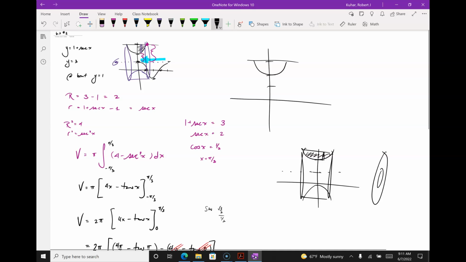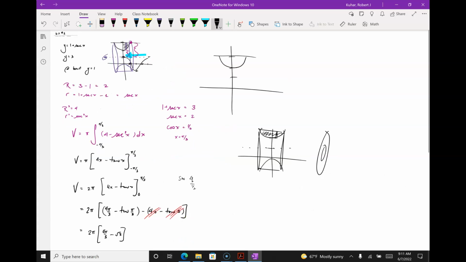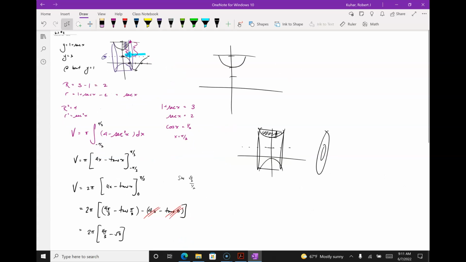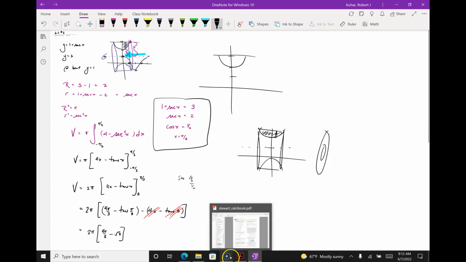So then you know you're dealing with the one radius or the two radii. Coming up with the intersection was not that obvious, but it was easy once we realized it, right? Integrating was easy. Let's double check our integration.